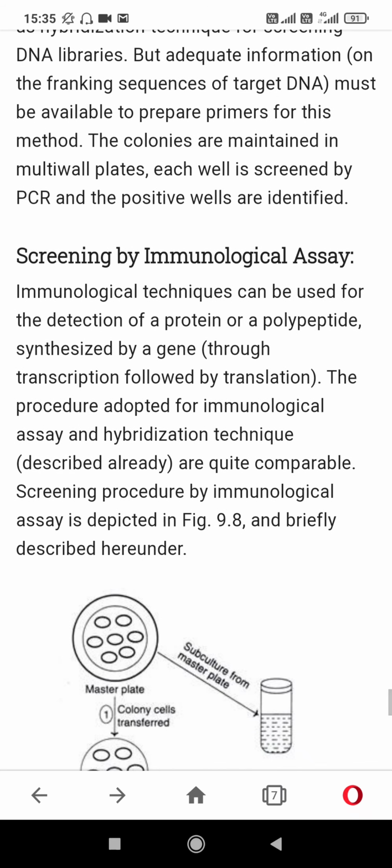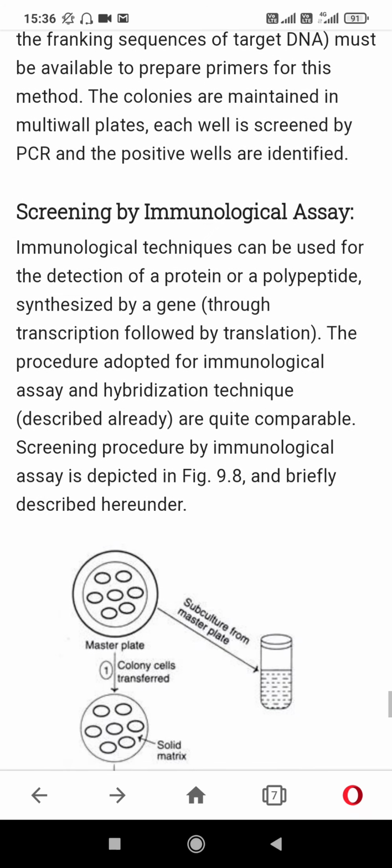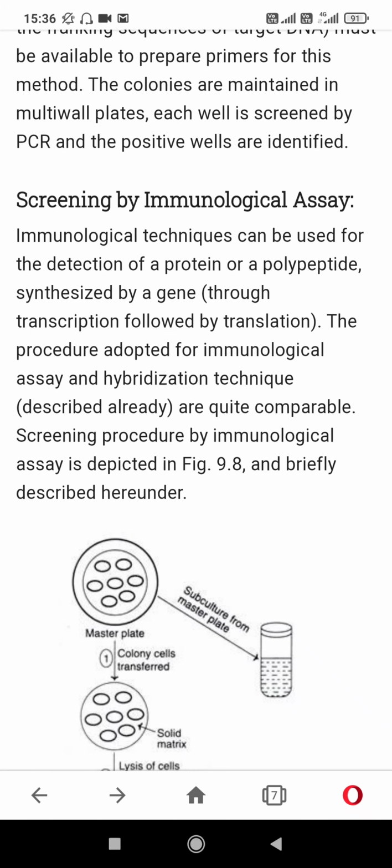Now screening by immunological assay. Immunological techniques can be used for detection of a protein or a polypeptide synthesized by that gene.